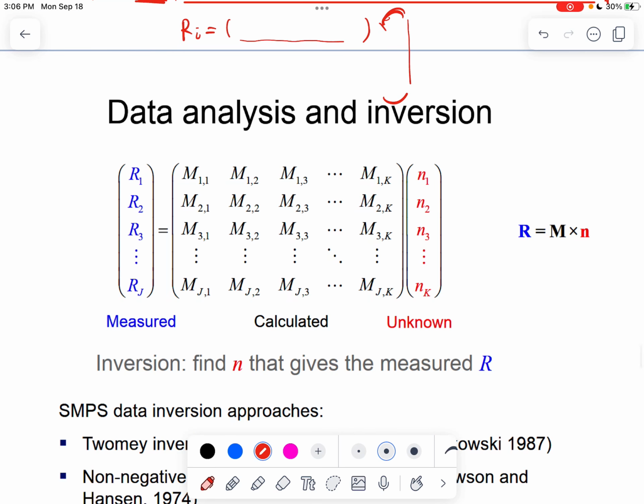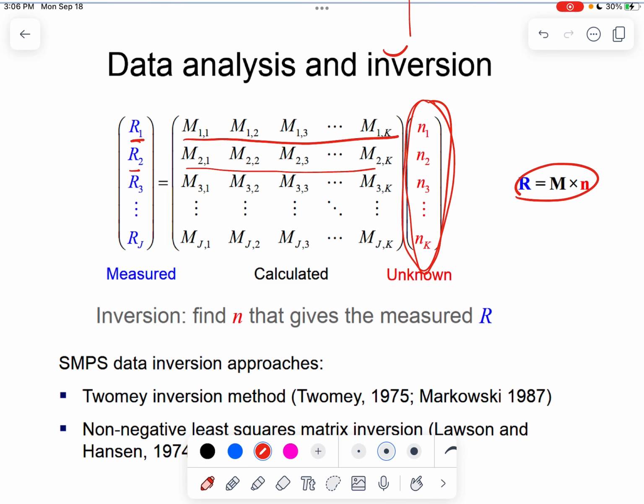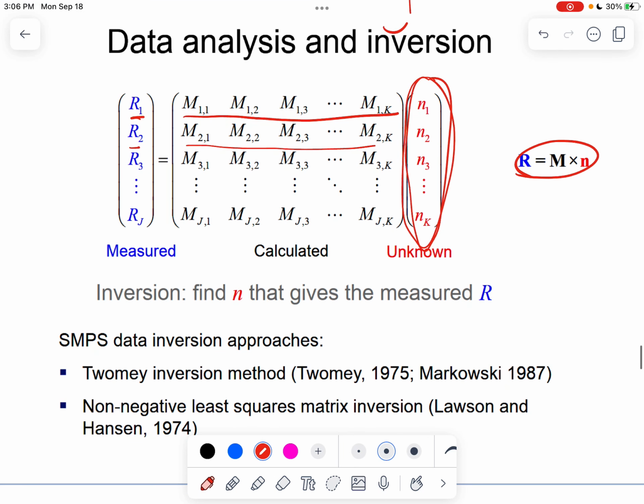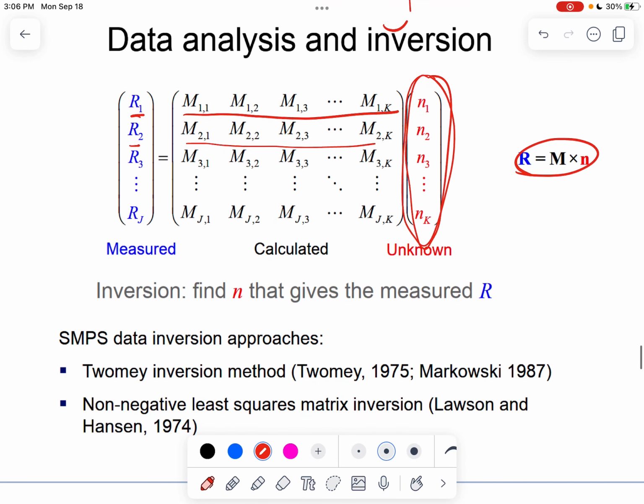So you could show that in this matrix form. Basically, R1 is this term multiplied by size distribution, R2 is this term multiplied by size distribution, and so on and so forth. So you could have this matrix form of the response here.